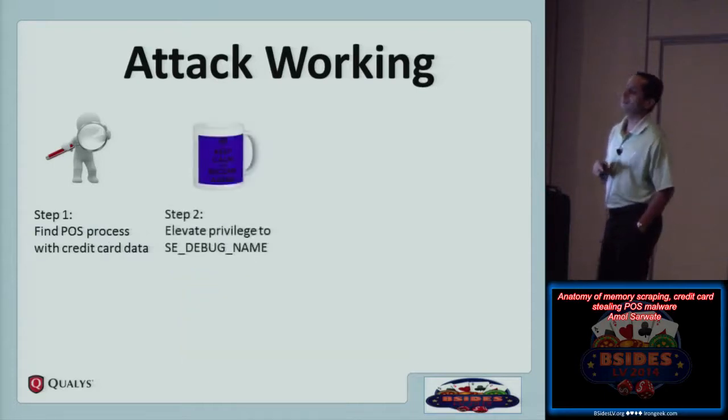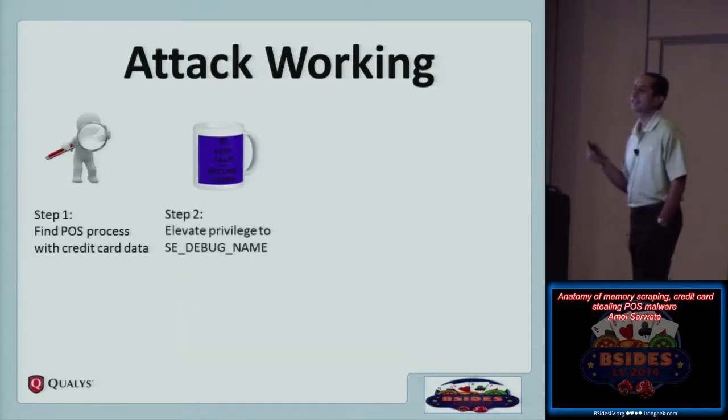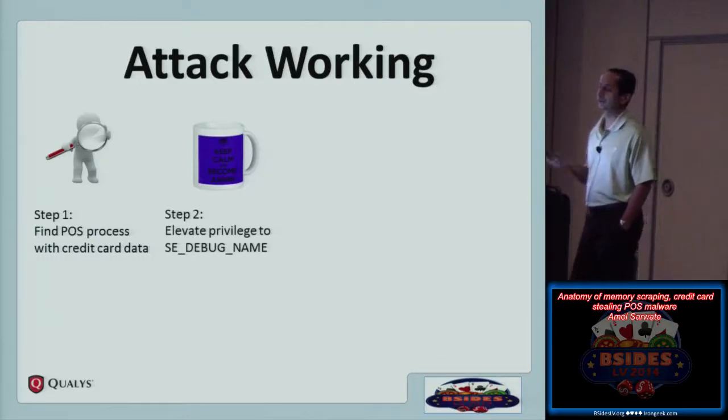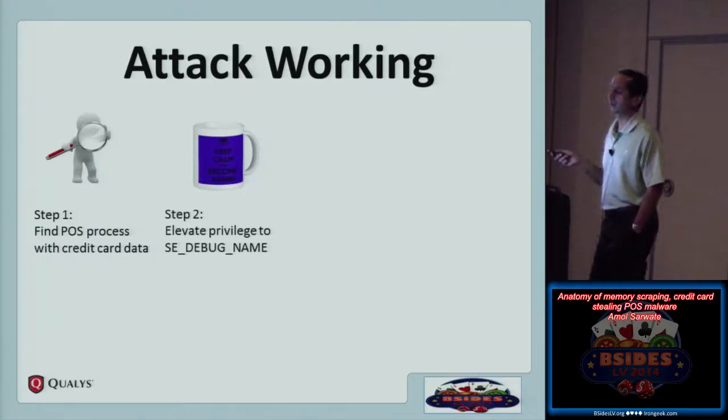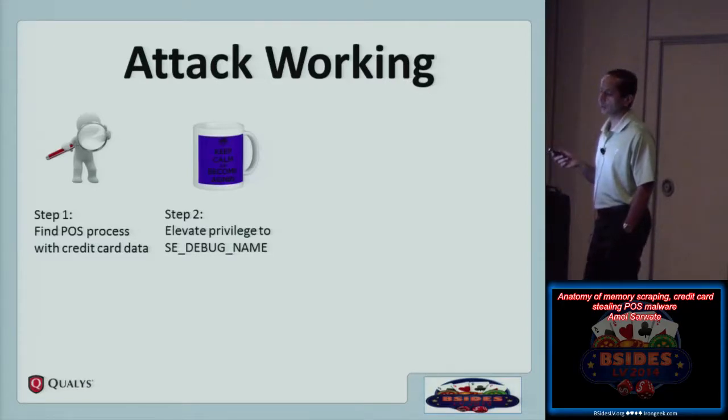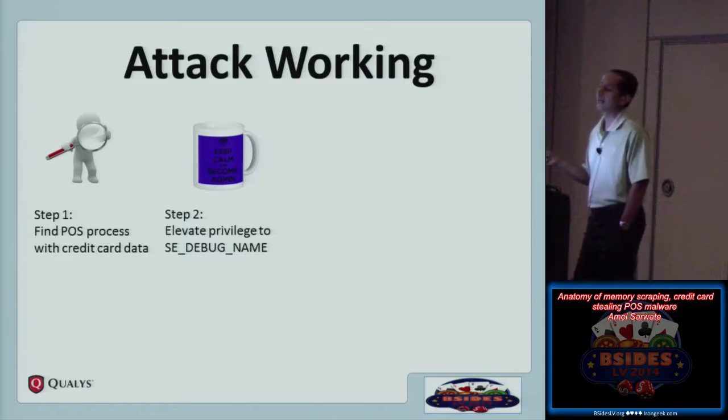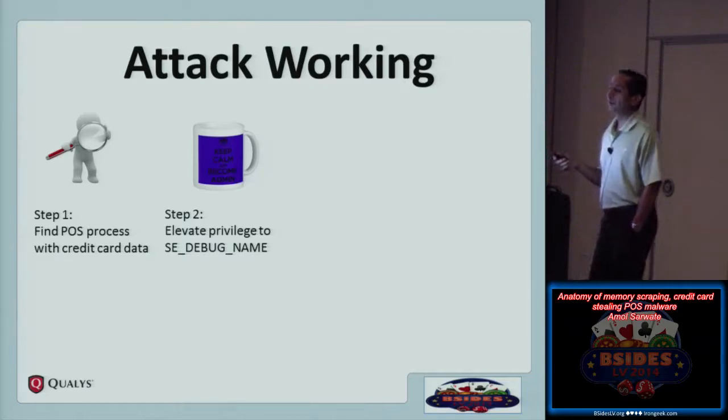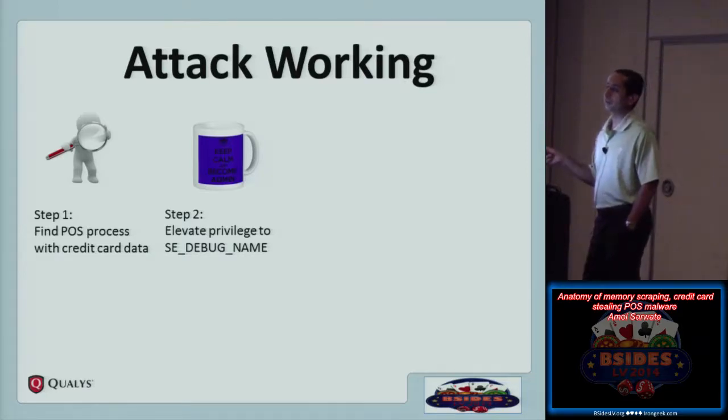The second step is it elevates its own privileges. There is a special privilege called SeDebugName, and if you are able to elevate your process's privilege to that, then pretty much you can attack other processes, attach to other processes, and do a whole lot of other things.